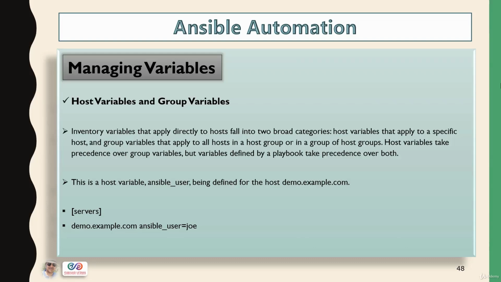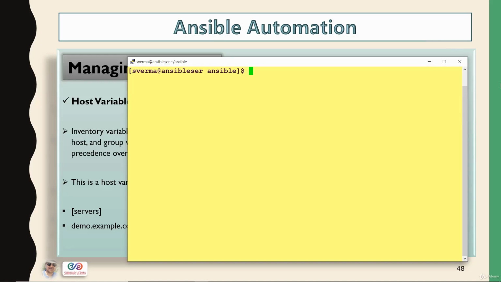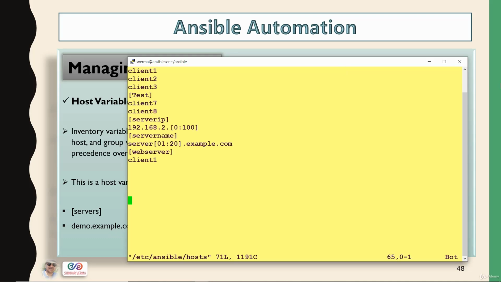This is a lab session on host variables and group variables. Let me quickly log in to my Ansible server, and this is my host inventory file. In this file you can define your variables. A lot of entries are already there, and let me create a group. My first group is servers1, under which I am defining a few servers: demo1, demo2, demo3.